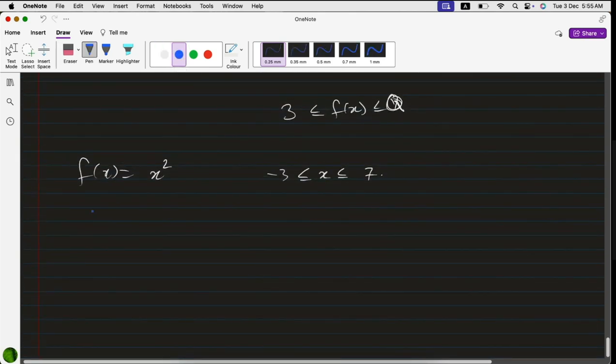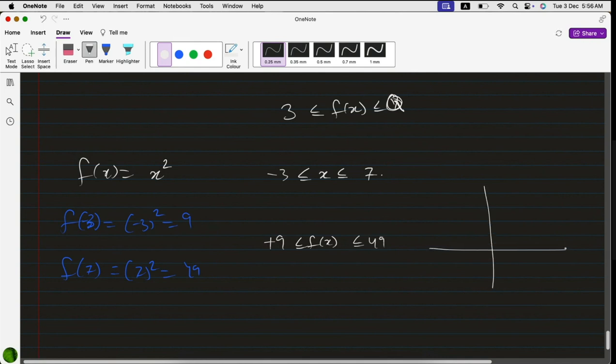Now, if a student is not checking the turning point, he would jump to the lowest domain value, substitute it and get 9, and substitute the other extreme and get 49. They would say 9 is less than or equal to f of x, which is less than or equal to 49, right?